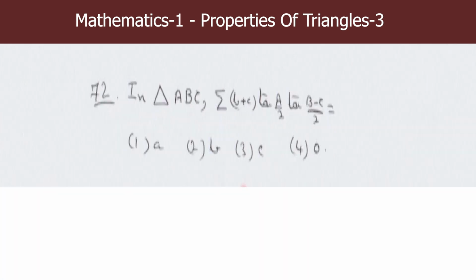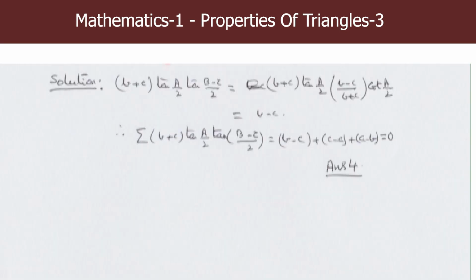In triangle ABC, sigma (b + c) tan A/2 tan (B − C)/2 is equal to: 1) a, 2) b, 3) c, 4) 0. You know the Napier rule or tangent formula.